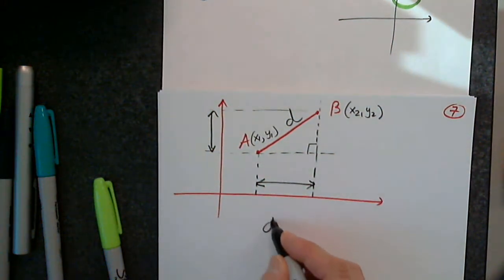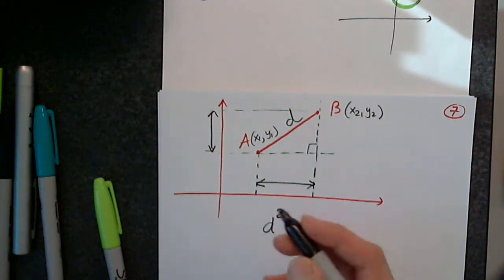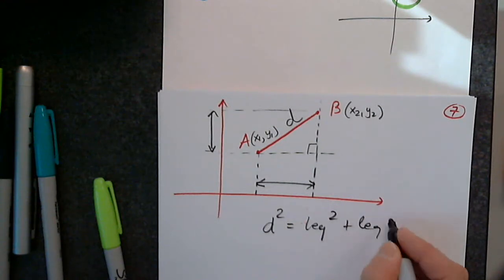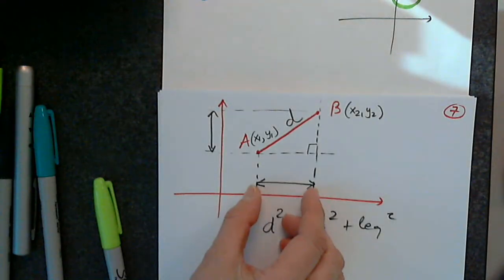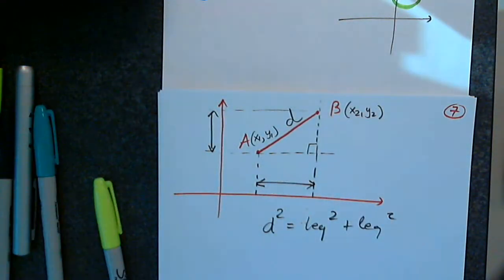Because I want to be able to write d squared equals the first leg squared plus the other leg squared. So what is the measure of this? And what is the measure of this?